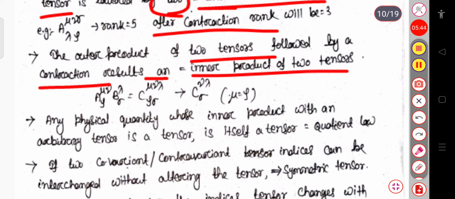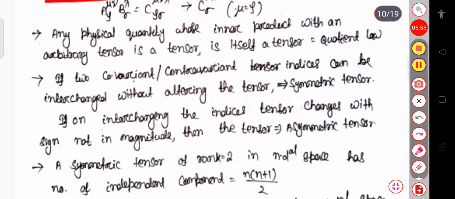So after contraction you will get this. So this is called the inner product of the two tensors, that is the outer product of the two tensors followed by the contraction.